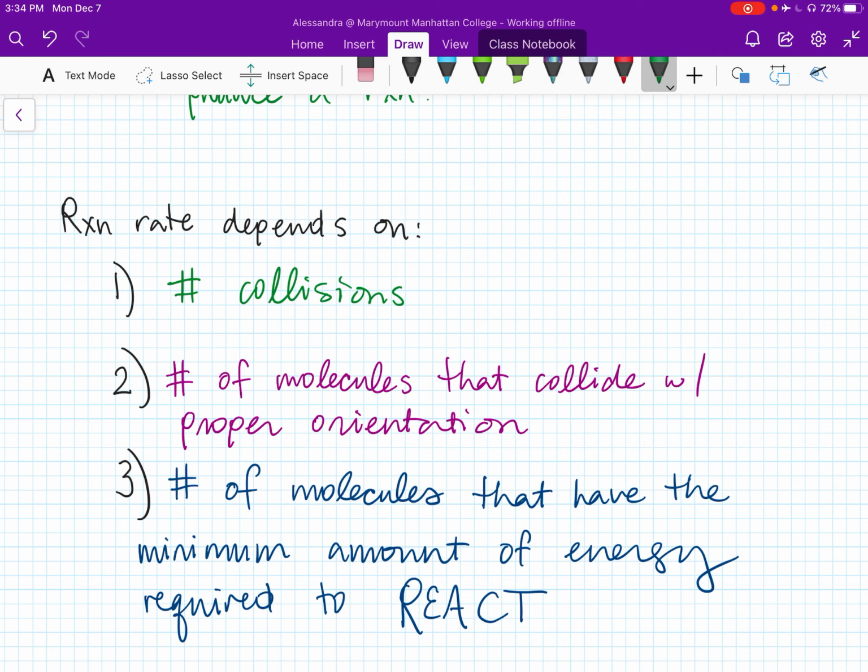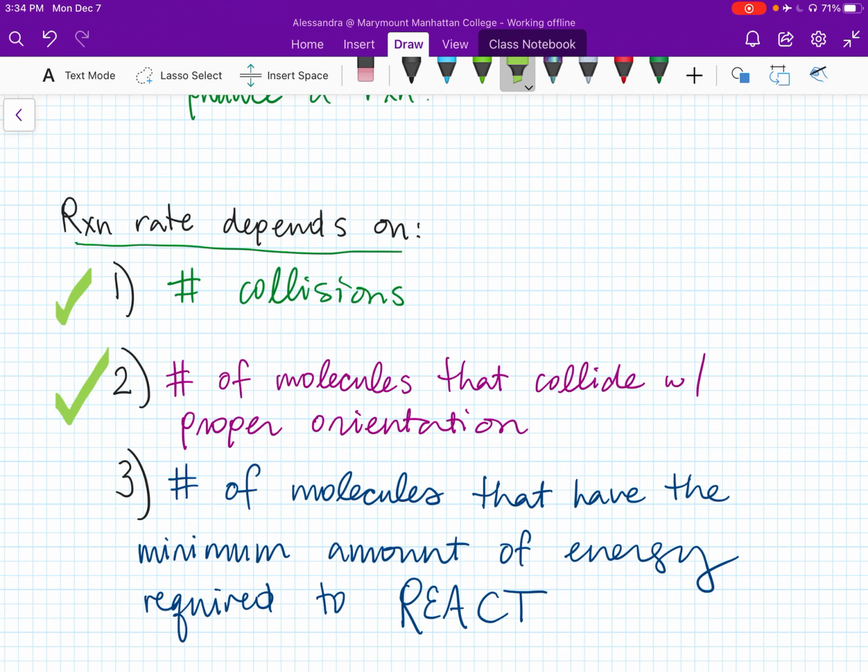Okay, so reaction rate depends mainly on three factors when we're talking about collision theory. The first factor is, as we just said, the sheer number of collisions. Okay, that makes sense. The more collisions we have, the faster the reaction should go. But it's not only the number of collisions, it's the quality of those collisions. The reaction rate depends on the number of molecules that collide with the proper orientation to react.